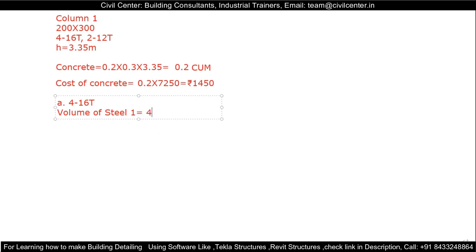So we will use the total number of bars over here. Then we will go for the d square by 162. Then we will multiply this whole unit with the height. Okay, so we will go for that. So now we will multiply it with 3.35, and now we can calculate the volume.